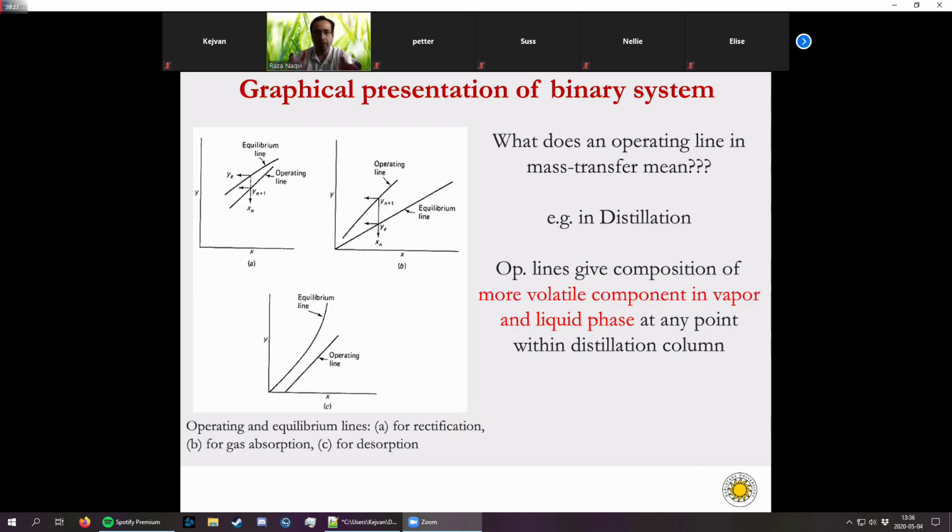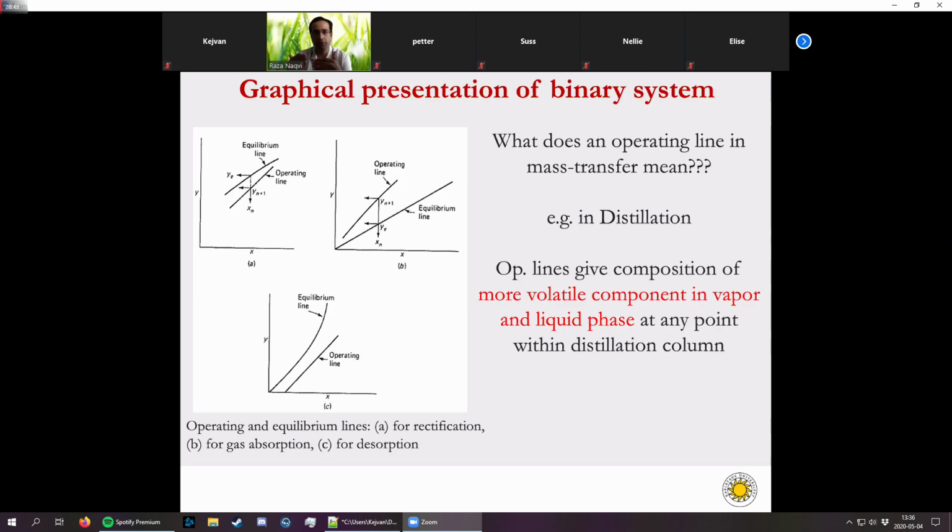So the equilibrium line is a curve that gives us information about the relationship between a particular component in the liquid phase and, when it is in equilibrium, what the mole fraction of that component in the vapor phase will be.